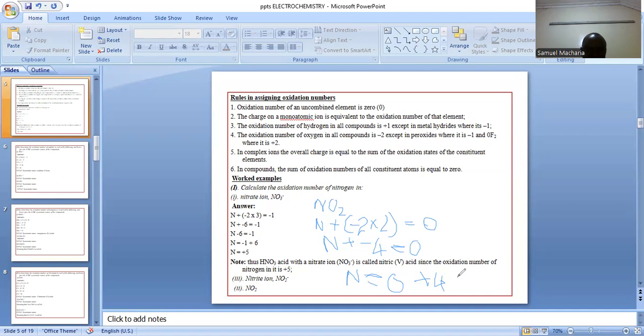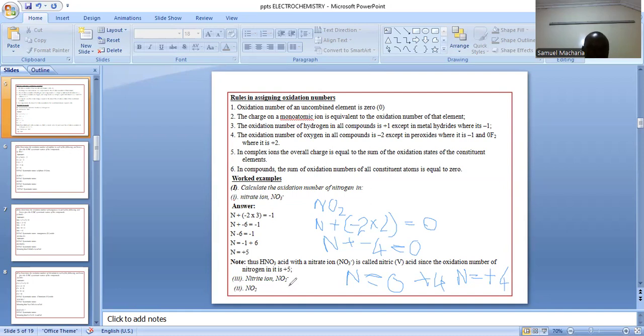So meaning that the oxidation number of nitrogen here equals plus 4. And if you can recall very well, we know that the IUPAC name for this compound is nitrogen 4 oxide.